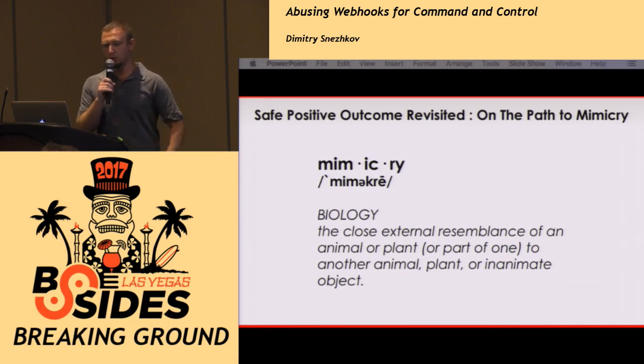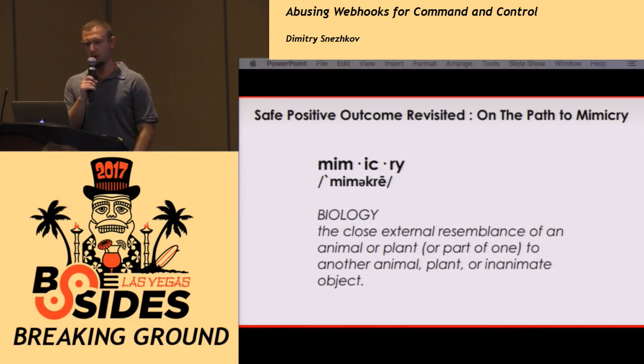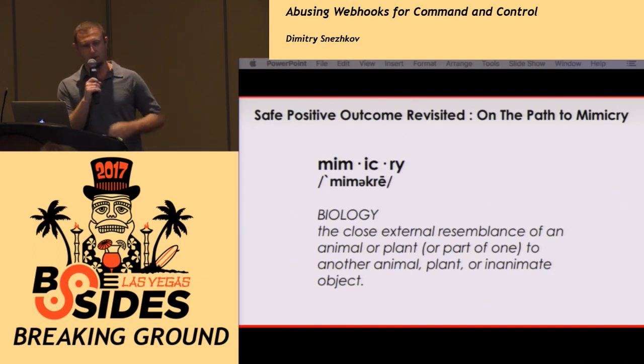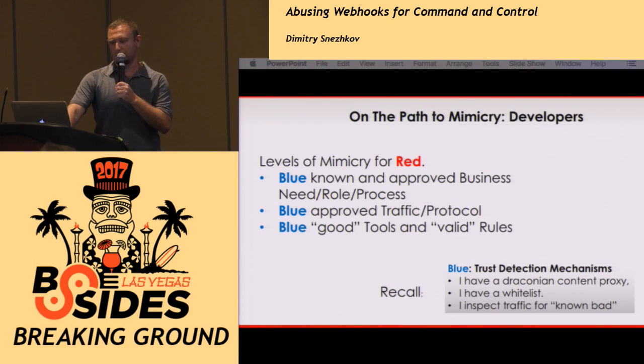So how do you achieve this sort of pace and lead and being safe in an environment that you don't know? It's akin to mimicry, where you resemble a specific animal or a plant, or in this case a protocol, or some feature or mechanism, and you just blend in.